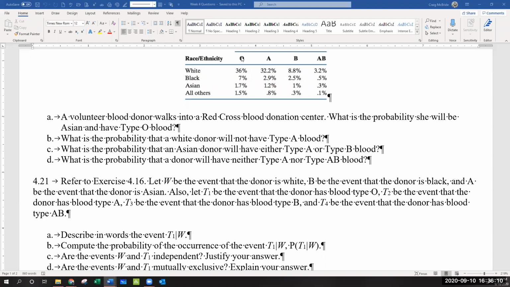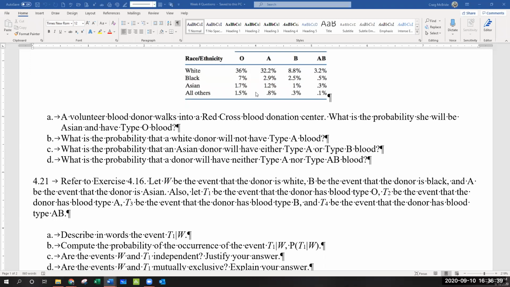So that would be add all four of these, right? 36 plus 7 plus 1.7 plus 1.5, and then put that over the total, which I assume these all add up to 100. And that ends up being a little bit over 46%. So they're not exactly the same. Therefore, those two events, being Caucasian and having type O blood, are not independent.